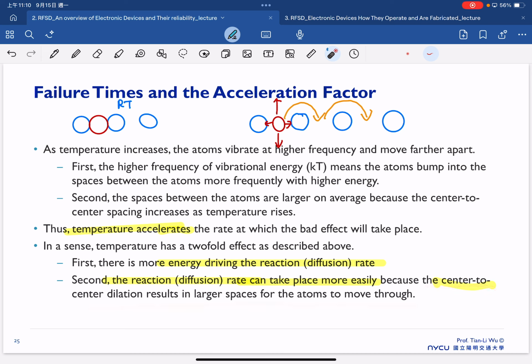So this is the sentence mainly describing this case, a case at a high temperature. So this is one way to understand why the temperature will accelerate the degradations.